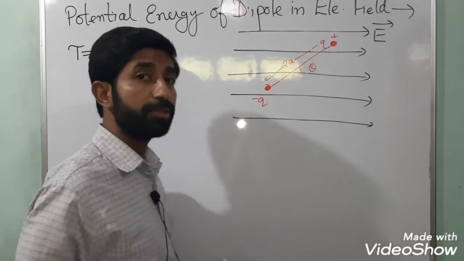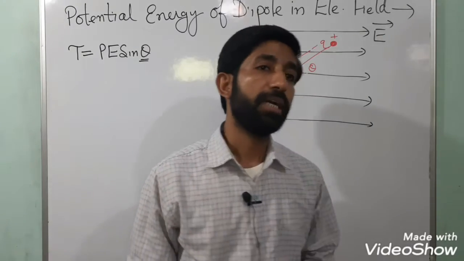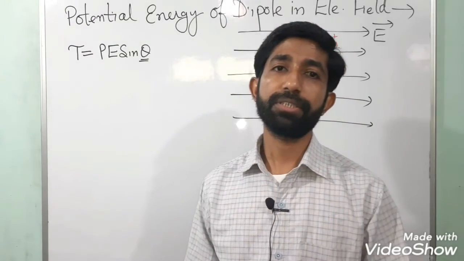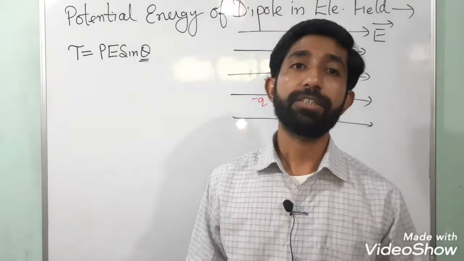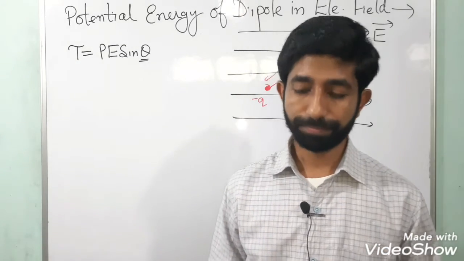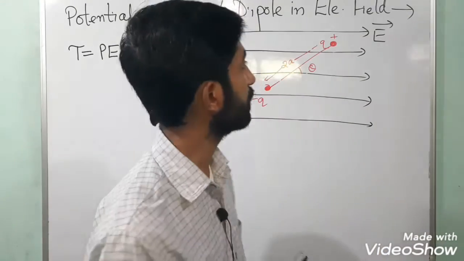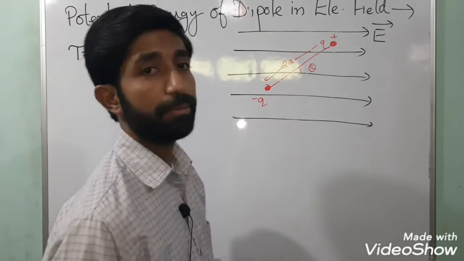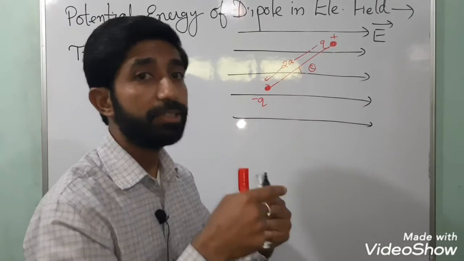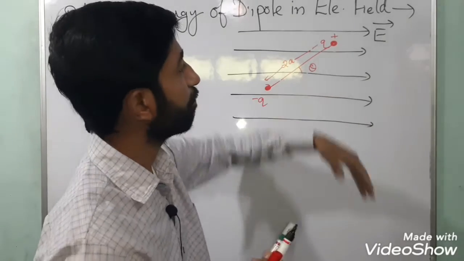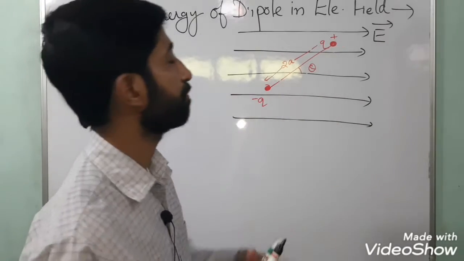So why does this happen? It's a kind of nature, because everybody in the universe loves to get the status of maximum stability, and we shall discuss later the different cases of stability. So this happens because the electric field tries to rotate the dipole in the direction of itself.